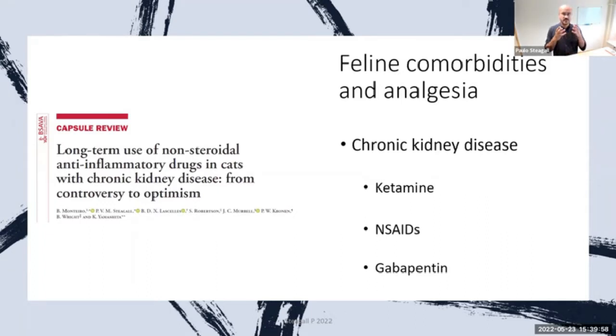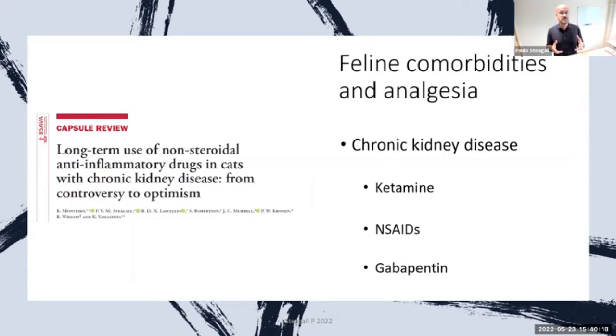So it's unavoidable that in these patients, doses and dosing intervals will require some adjustment, and this will often be based on clinical experience and also the patient's assessment and analgesic needs.